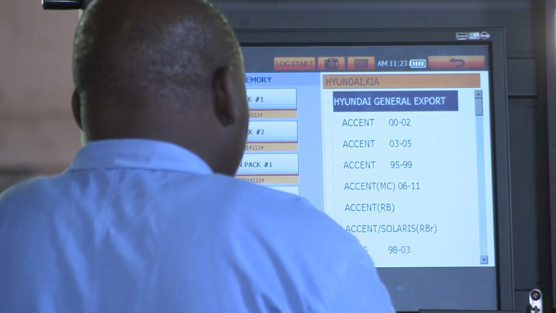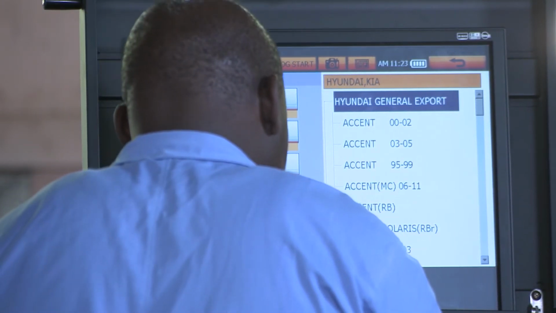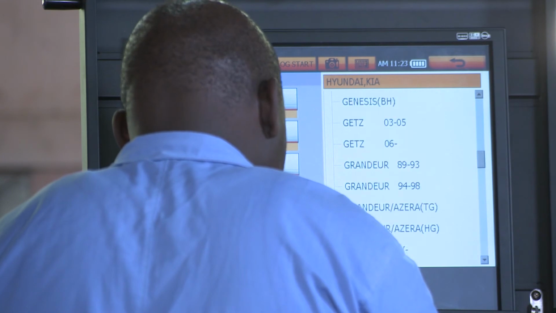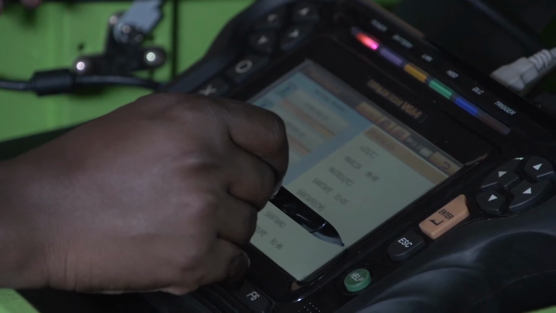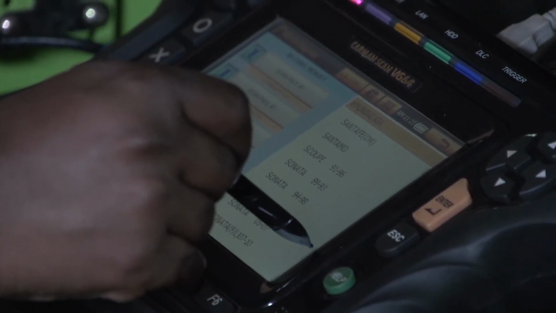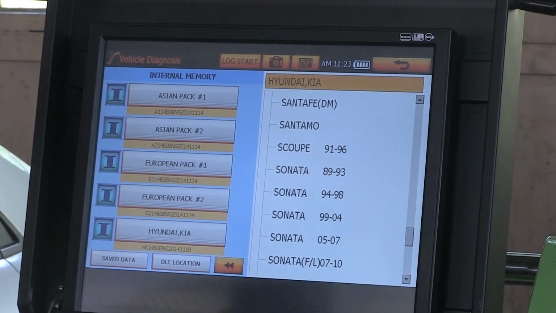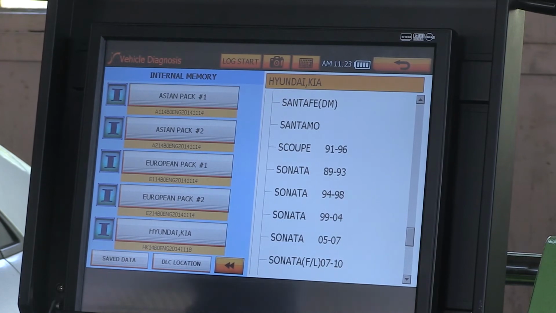Now we have to look at Hyundai Sonata. There are many also, by age, date of manufacturing. This one is the Hyundai Sonata 2005 up to 2007.